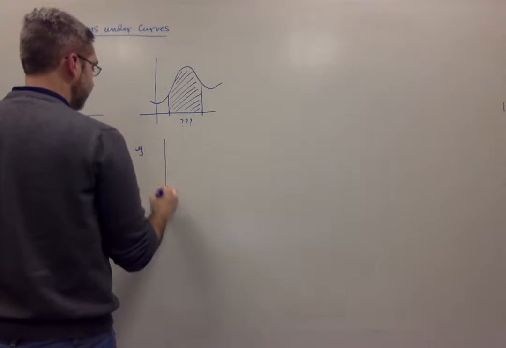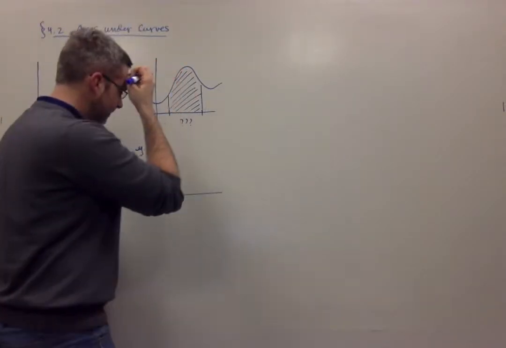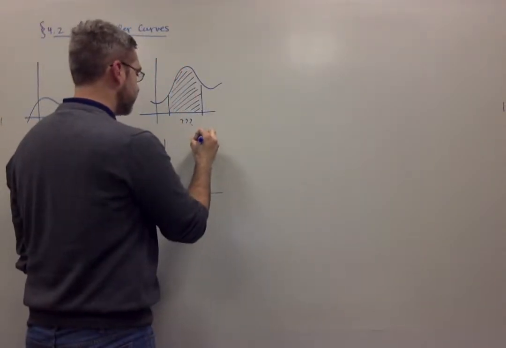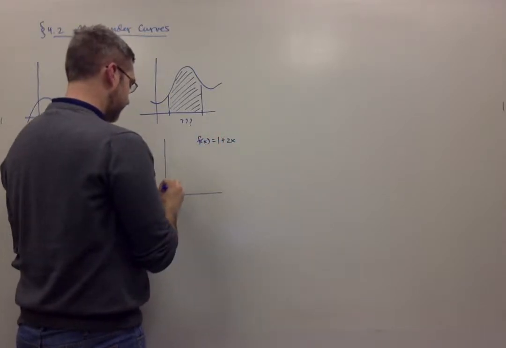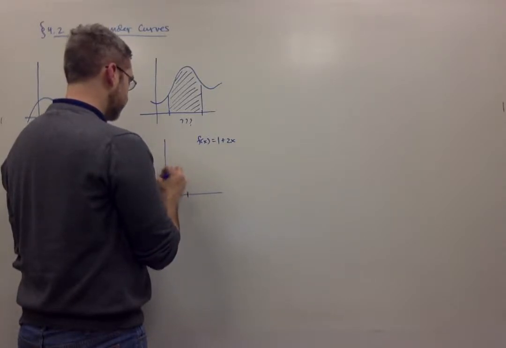if it was something easy, let's take the function 1 plus 2x, so that has a y-intercept of 1 and slope of 2, so I'm going to go up 2 over 1.